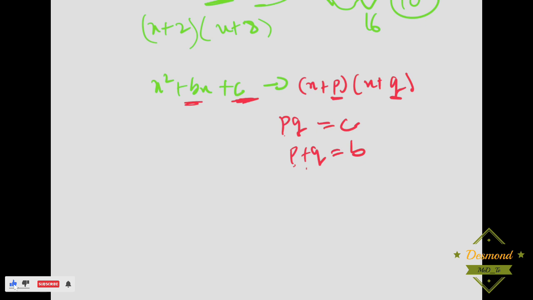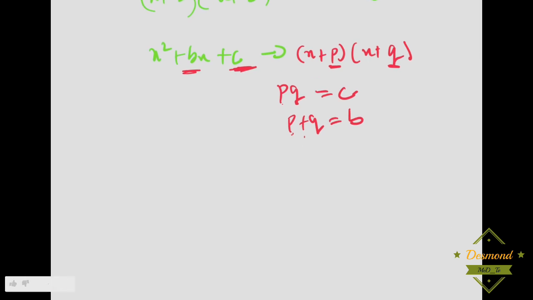Now, let's see how we can factorize a trinomial. When we are given a trinomial in the form of x squared plus bx plus c, how do we factor it? The first thing we need to do is to list factors of c.